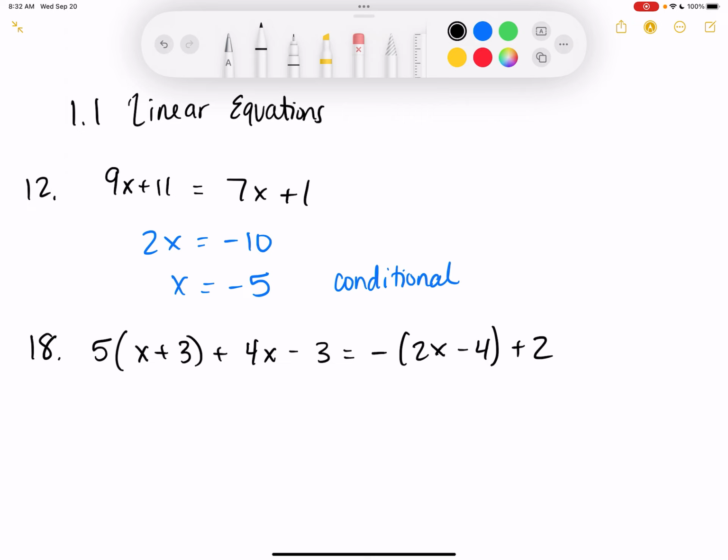So I'm going to distribute the 5 with the x plus 3, and then on the other side of the equal sign, I'm going to distribute the negative before I start combining stuff. So that's going to give me 5x plus 15 plus 4x minus 3 is equal to negative 2x plus 4 plus 2.